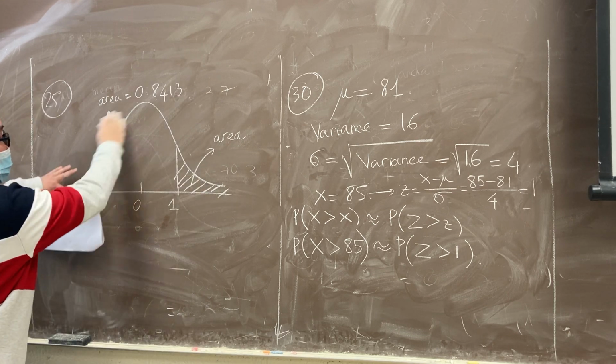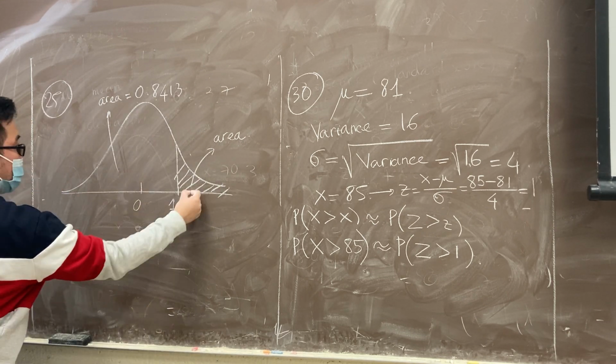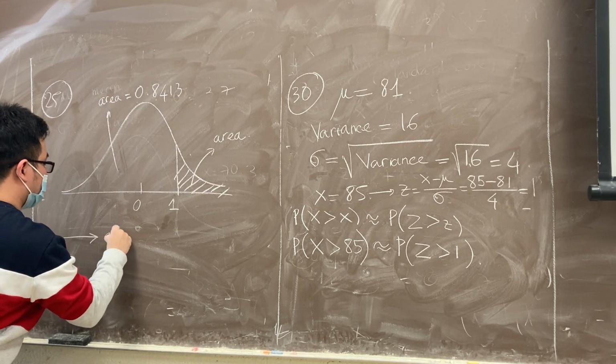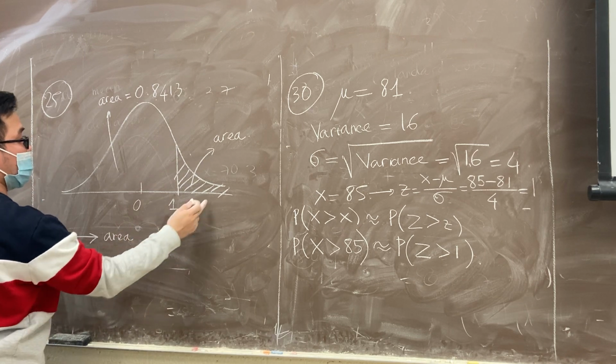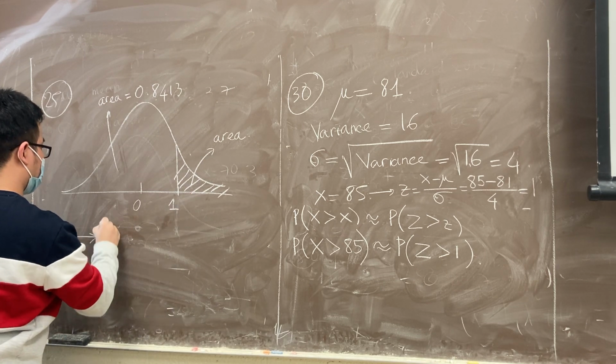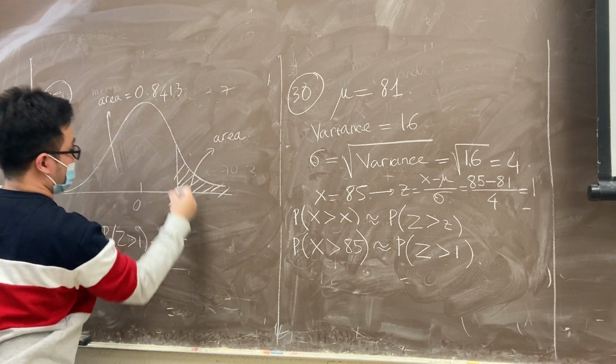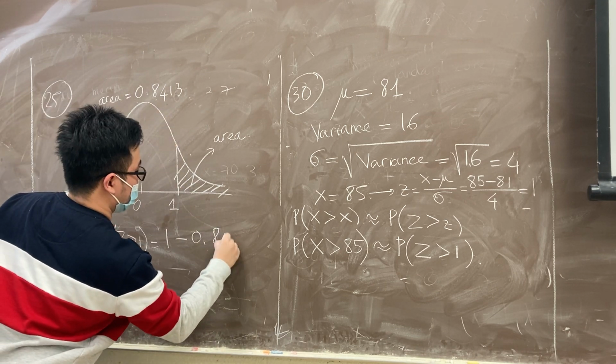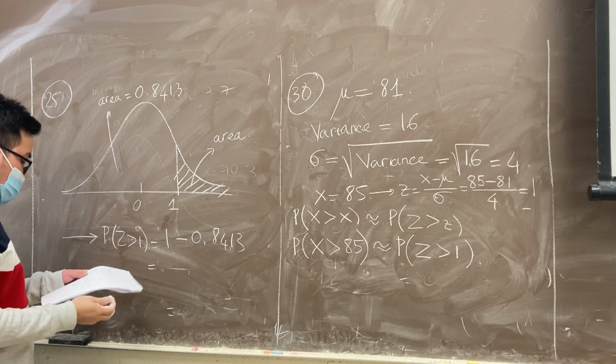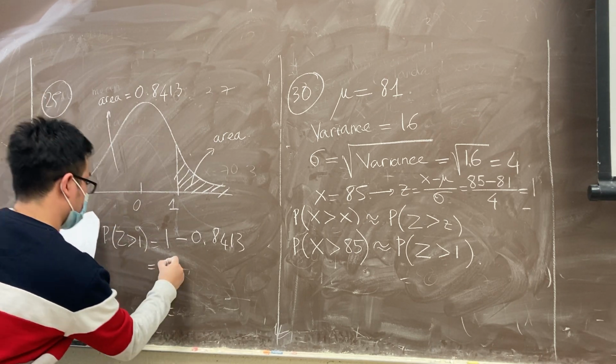And you know that the total area is 1. So the area here, or the probability of Z greater than 1, is 1 minus this area. After that, you will get the result.